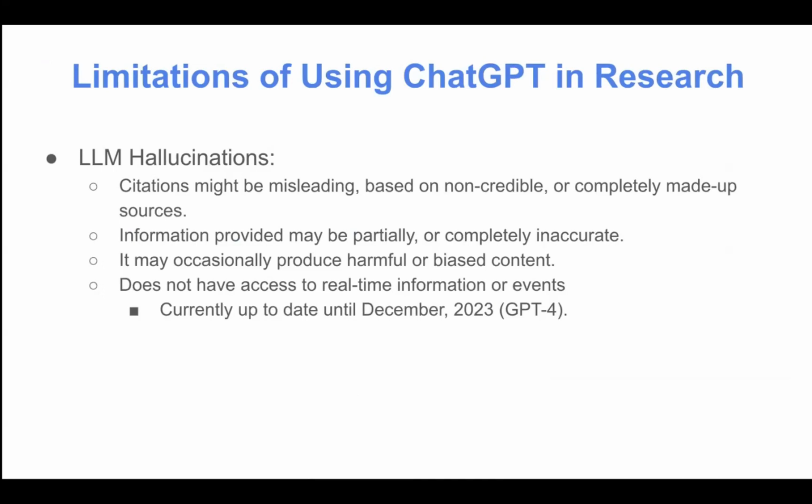So you can remember what the P in GPT stands for. And so they're not going to be up to date with the most current information. GPT-4, for instance, was last updated in December 2023. And the GPT 3.5 models are actually a little bit older than that, from a few months before. So these are things to keep in mind when using ChatGPT in any sort of research context.